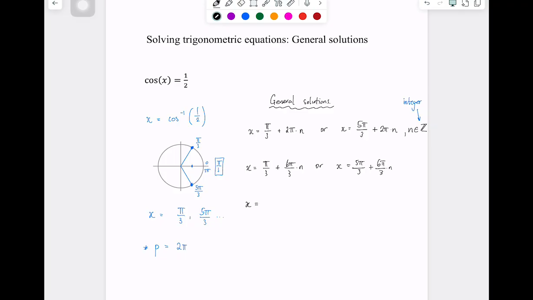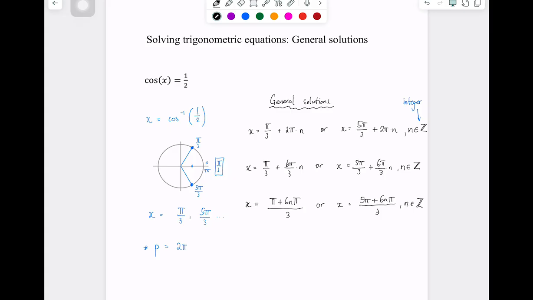I'm going to merge these because we have the same denominator now. We can say x is equal to pi plus 6n pi all over 3, or x is equal to 5 pi plus 6n pi all over 3. These are our two general solutions where n is an element of Z. I'll write that on all of the lines for consistency.